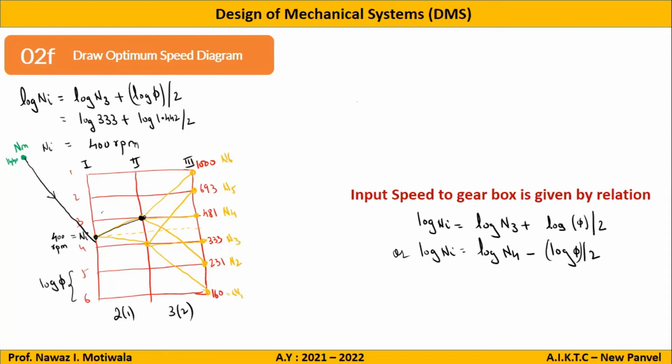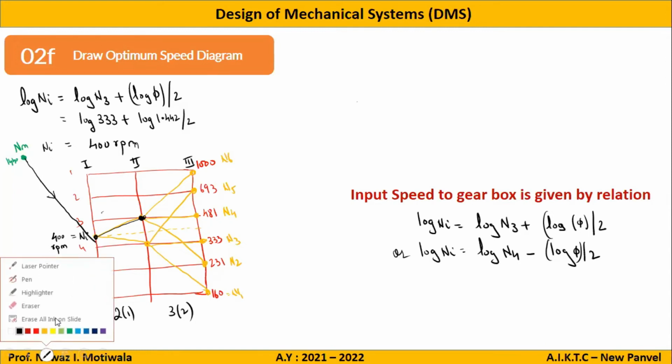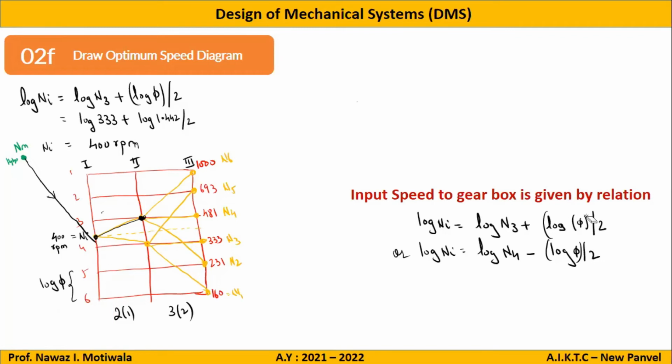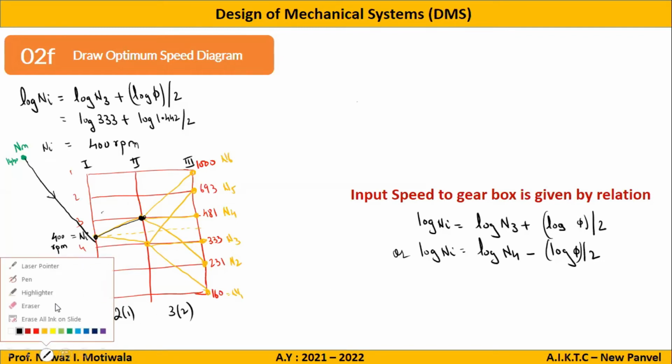Okay, mind well, this is log of (pi divided by 2), not (log of pi) by 2. It is not the angle divided by 2, it is the log of the entire angle divided by 2. So this is the actual thing. Many people make a mistake there.